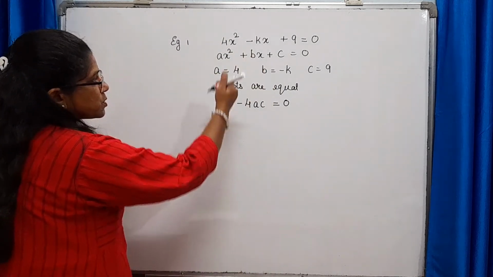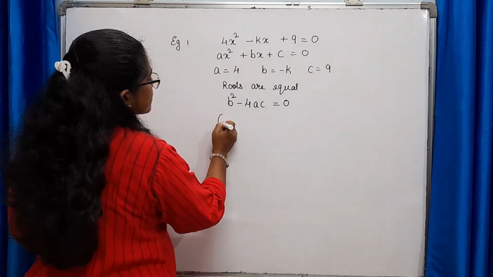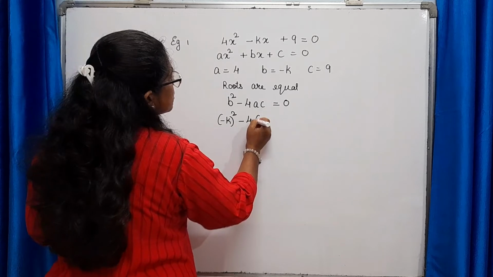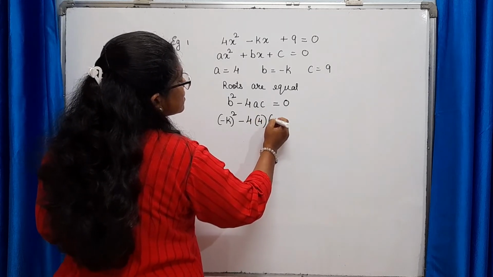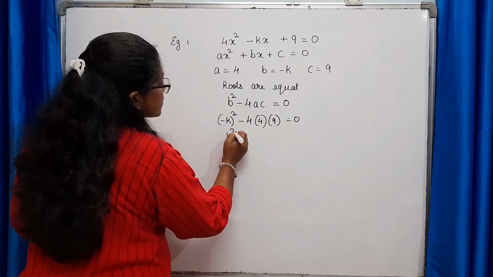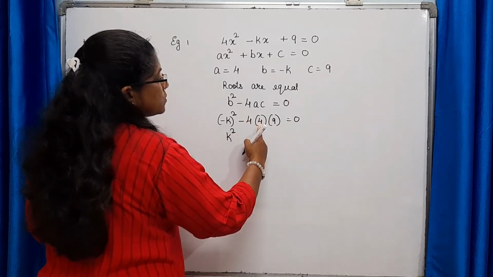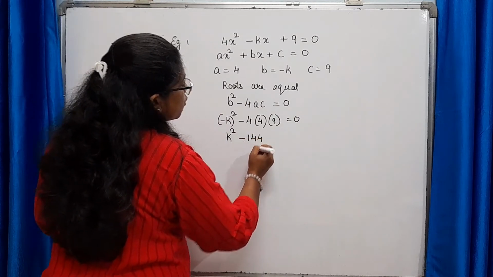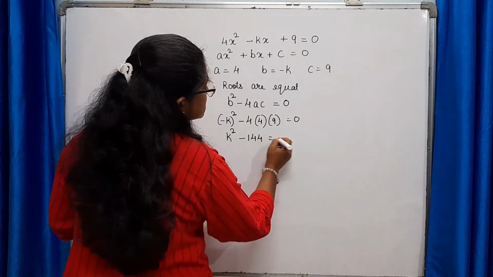Let us substitute. B square, minus k square, minus 4ac is equal to 0. Minus k square is k square. 4 4s are 16, 16 into 9 is 144, is equal to 0.